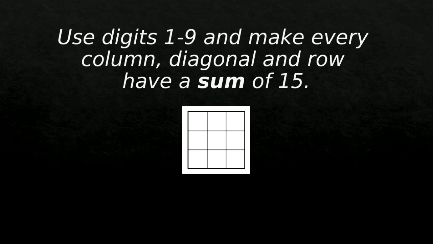Each diagonal, this is a diagonal, this is another diagonal. Each diagonal will also equal 15. So you're going to add them up because that's what sum means. And each row will equal 15.